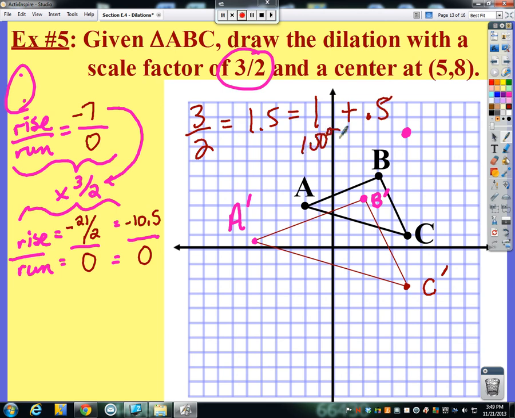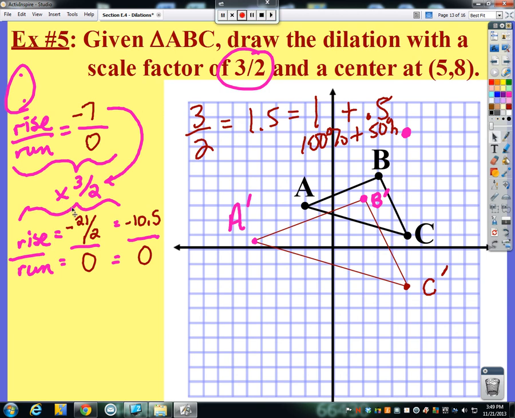The 1 represents the original 100% that triangle ABC is, and the 0.5 really represents an extra 50% of growth, okay? So A prime B prime is 50% larger than AB. B prime C prime is 50% larger than BC. And A prime C prime is 50% larger than AC.